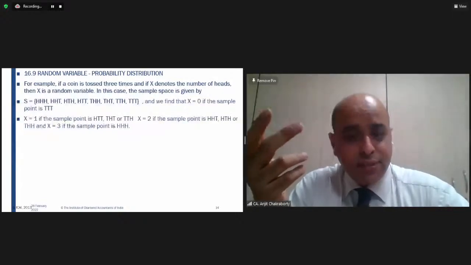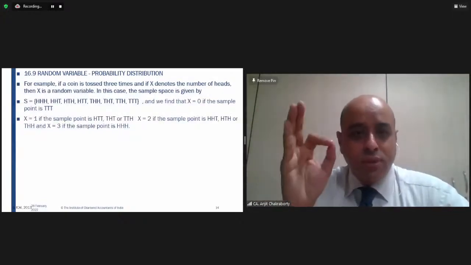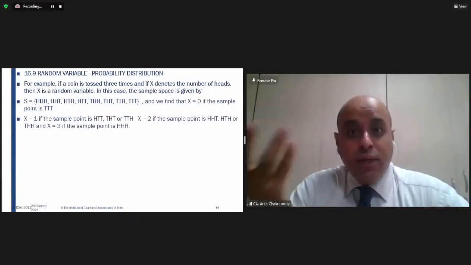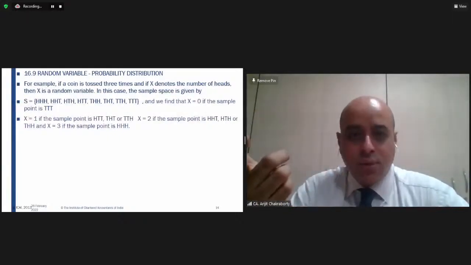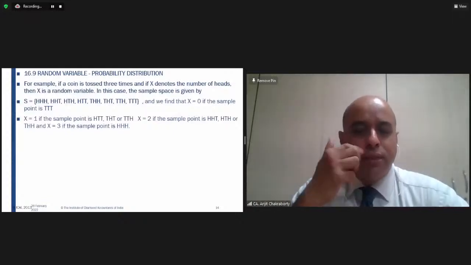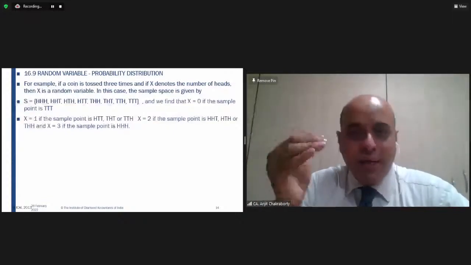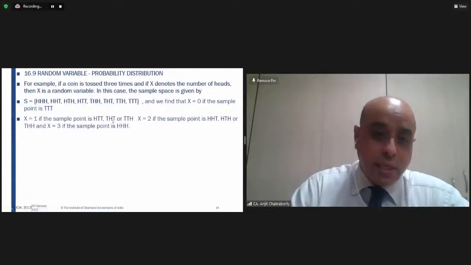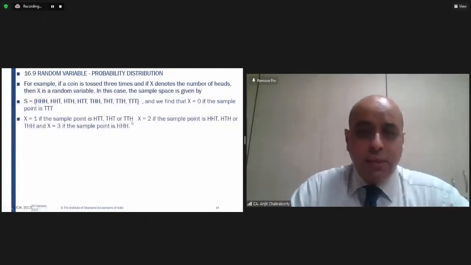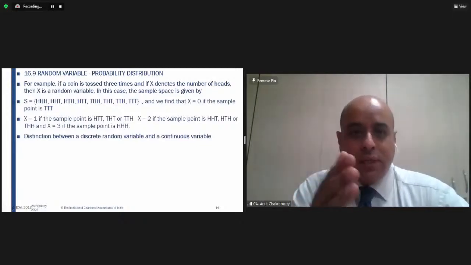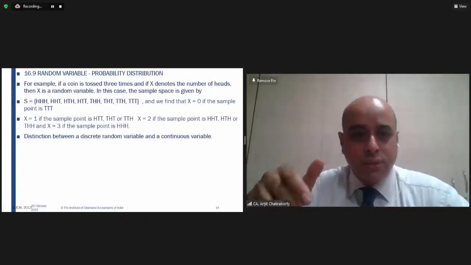There are 3 times you are tossing the coin. You have to get 1 head. That means the 2 remaining tosses will end up in a tail. So either the sequence can be head, tail, tail, HTT, it can be tail, head and tail, or it can be tail, tail and head. In this way, we are creating a probability distribution.